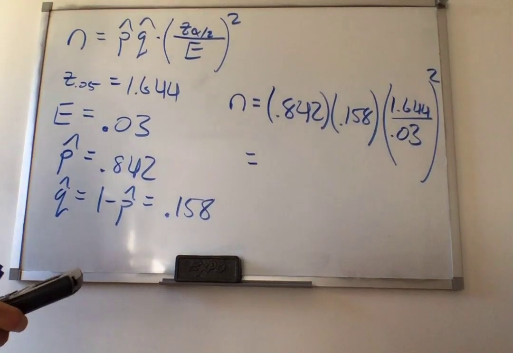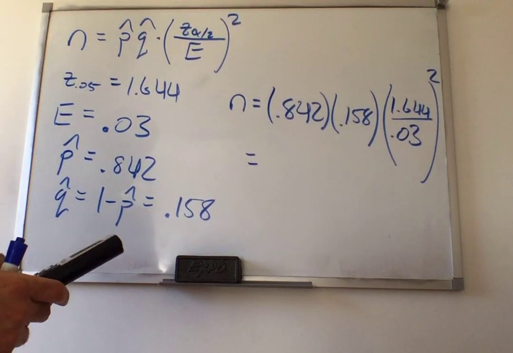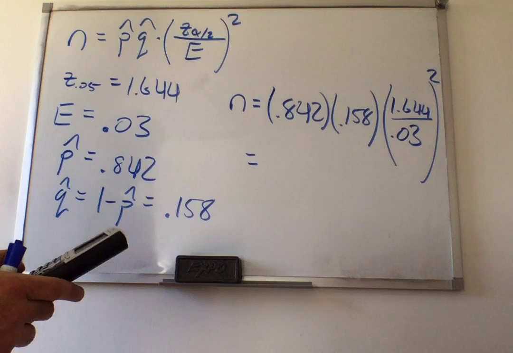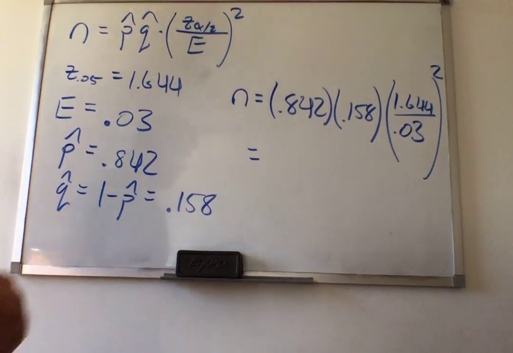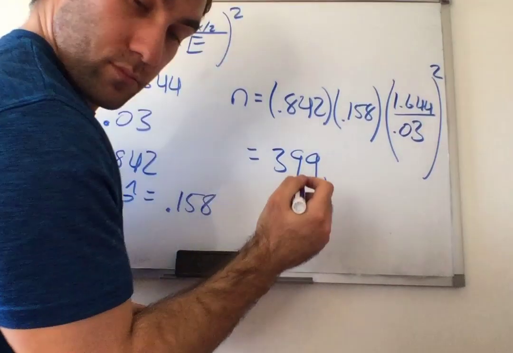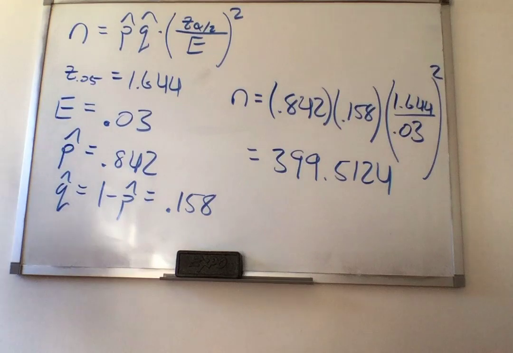More than likely, it's going to be a decimal number. But if you recall, we talked about whether we're going to round up or round down. Right here, 399.5124.